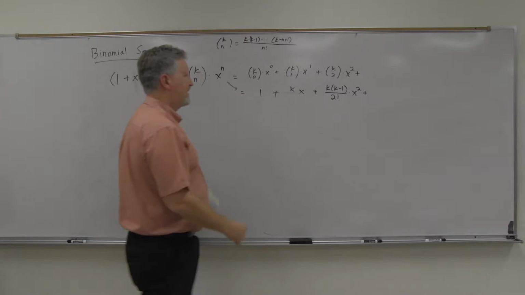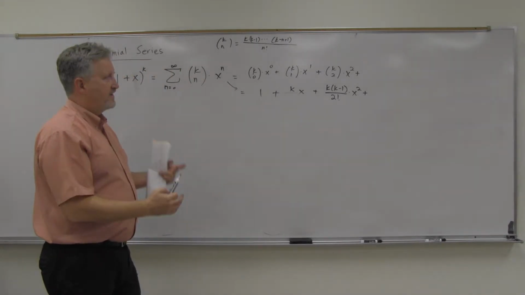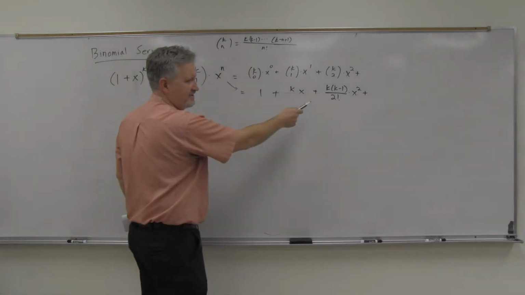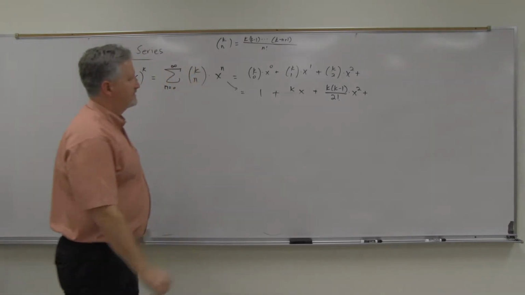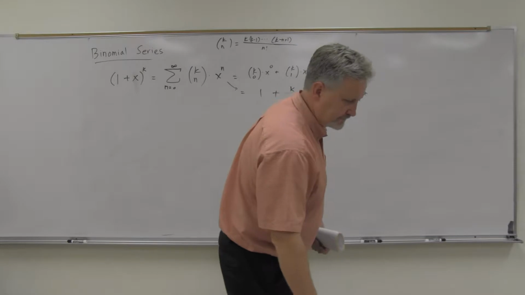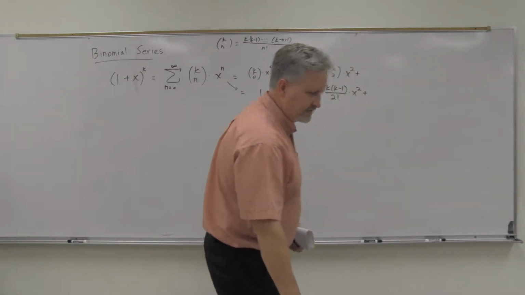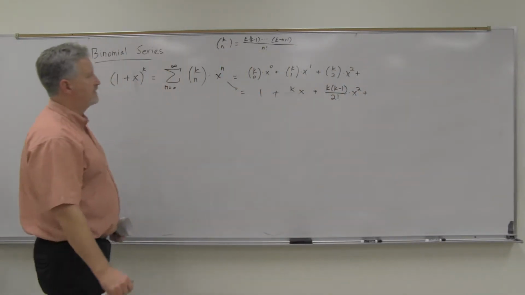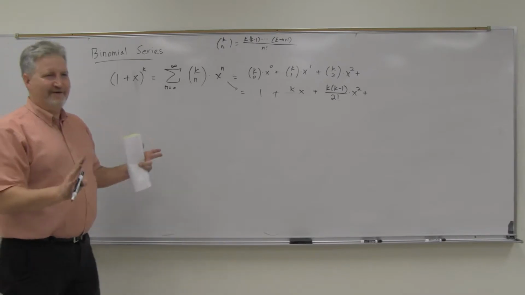So that's where they give you the definition of k choose n, but they're writing it out term by term. They give you the x cubed one too. Anyway, here's what we're going to do.